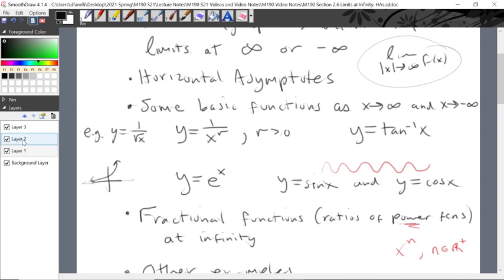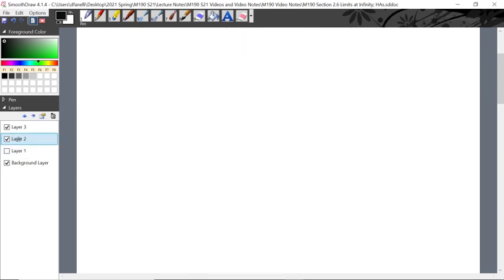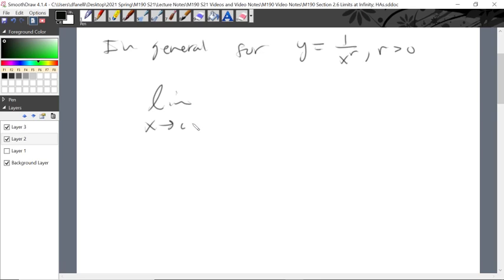But in general, for the function y equals 1 over x to the r, where r is a rational number greater than 0, the limit as x goes to infinity of 1 over x to the r is going to equal 0, because the denominator is going to be very, very large, but the numerator is just a constant.